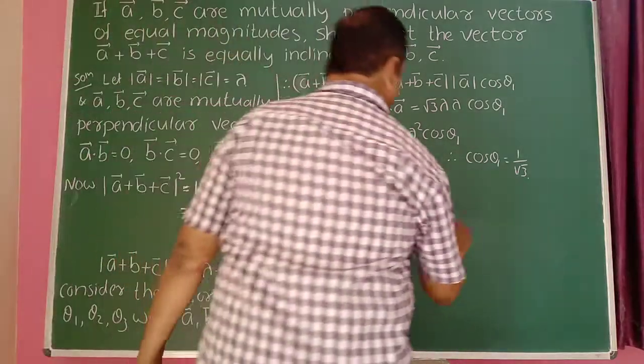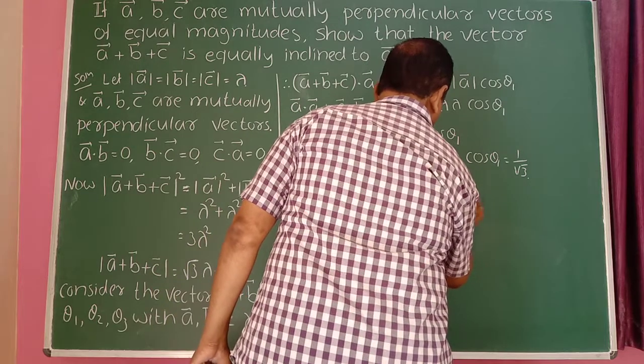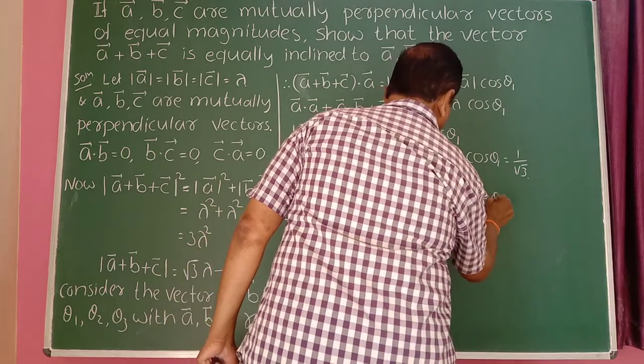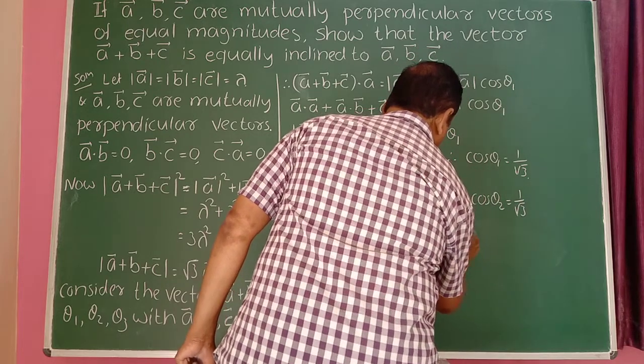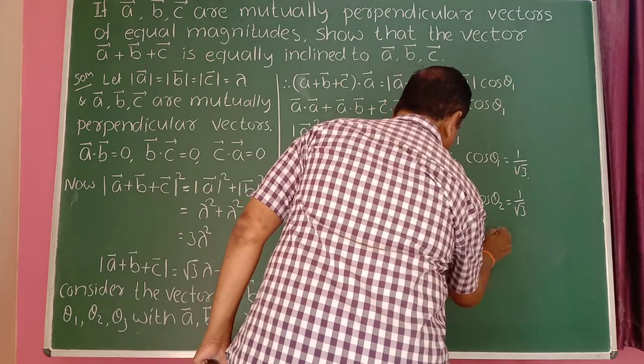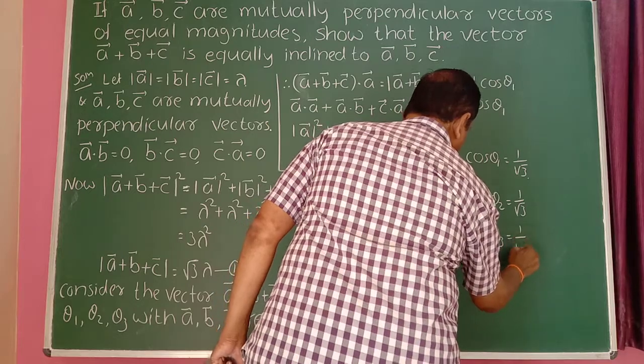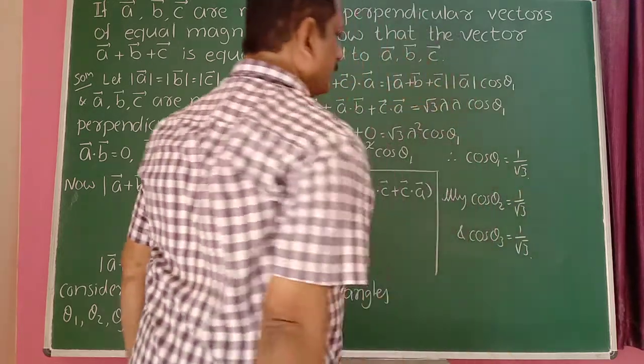Similarly, cos of theta 2 gives 1 divided by root 3, and cos of theta 3 is 1 divided by root 3.